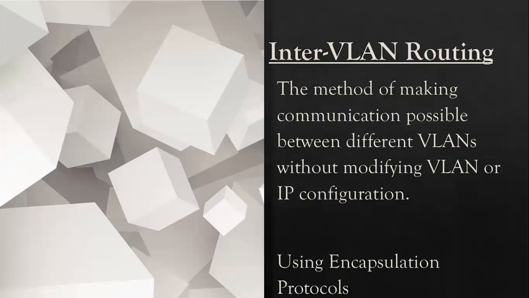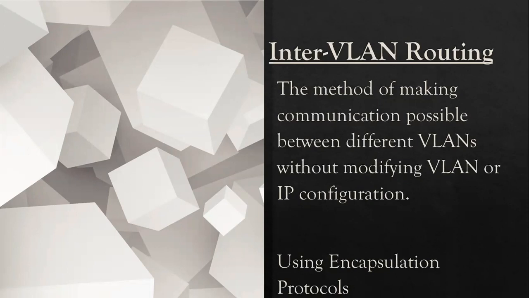We'll see here how inter-VLAN routing is configured. First of all, inter-VLAN routing is a method of making communication possible between different VLANs without modifying VLAN or IP configuration. Different VLANs are nothing but small segments of a LAN, or you can say virtual networks.